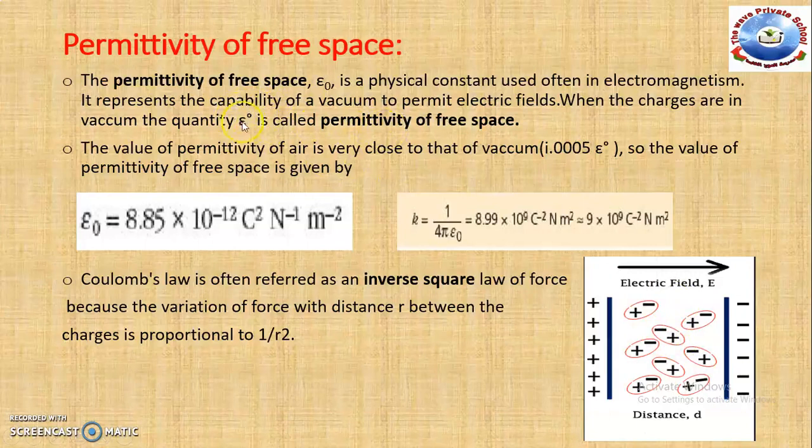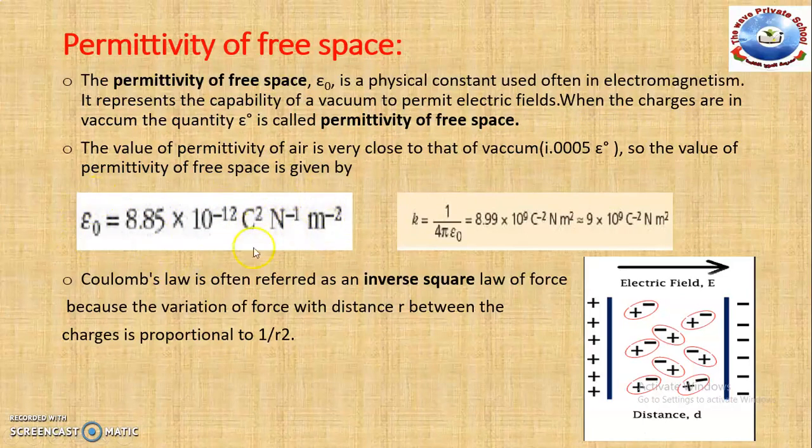We will mostly refer to epsilon naught simply as permittivity. The permittivity of air is very close to that of vacuum. So the value of the permittivity of free space is epsilon naught equal to 8.85 multiplied by 10 to the minus 12 coulomb square per Newton per meter square.